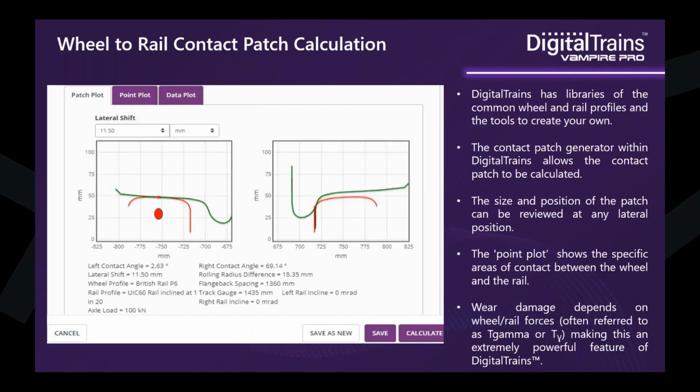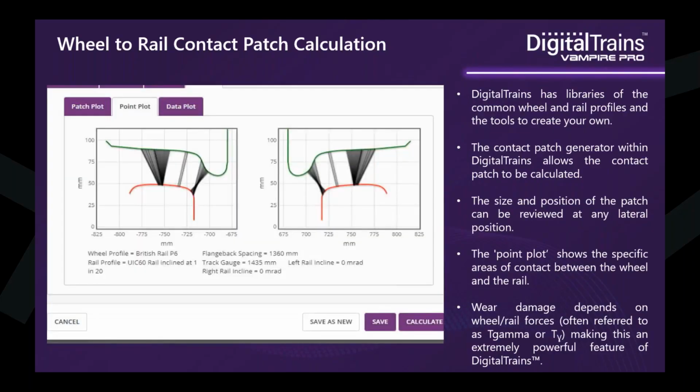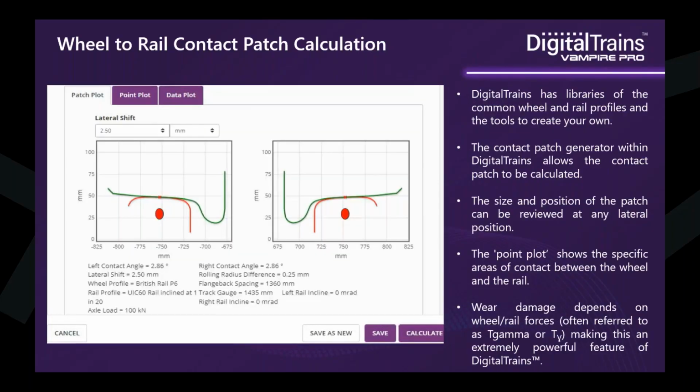Within the DigitalTrains Train Running module, we also have a wheel-to-rail contact patch calculator. Standard wheel and rail profiles are built into DigitalTrains libraries for all users to access, but also with tools available to create different profiles. So for example, a worn wheel or a worn rail can be created for comparative simulations and studies.